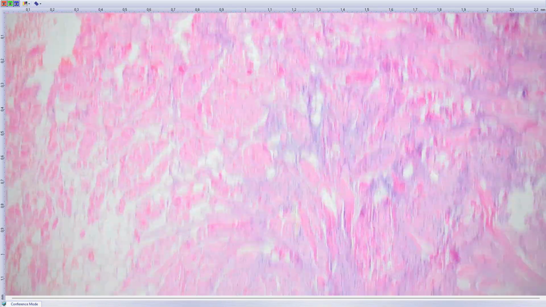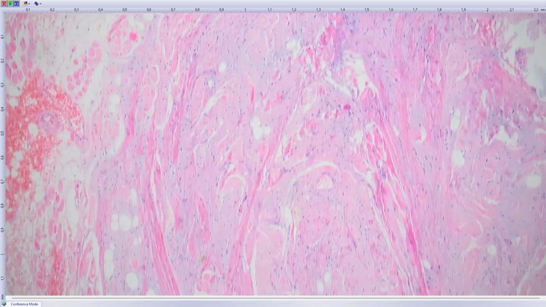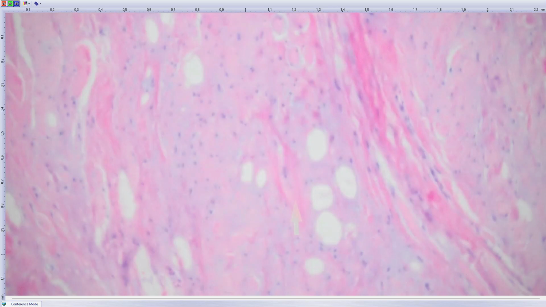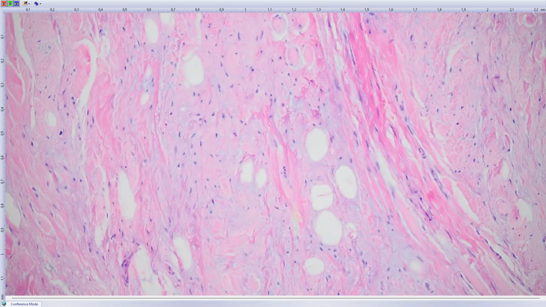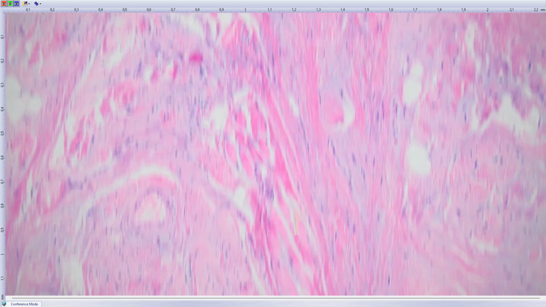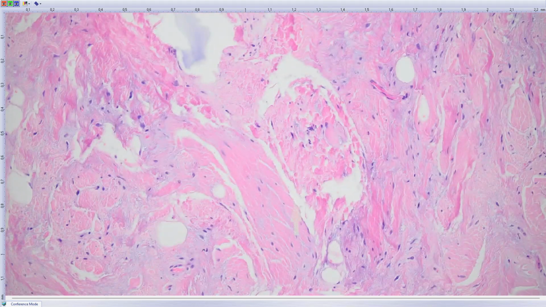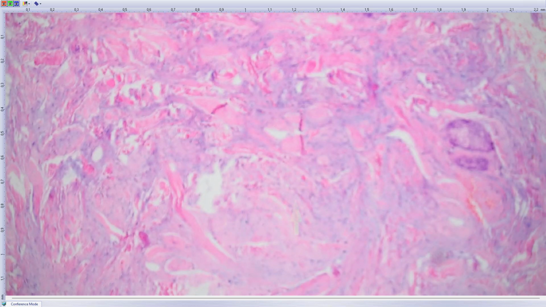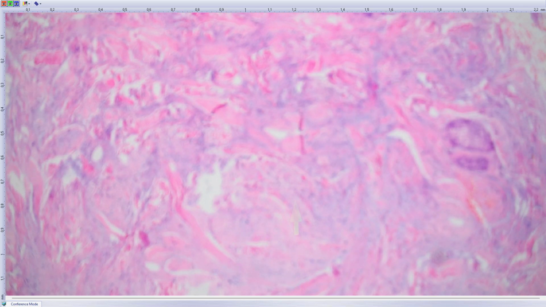And when you look down to the stroma, you find here spindle cell proliferation with lipomatous cells, rarely even lipoblasts. And this stromal lesion is typical of spindle cell lipoma, according to me.